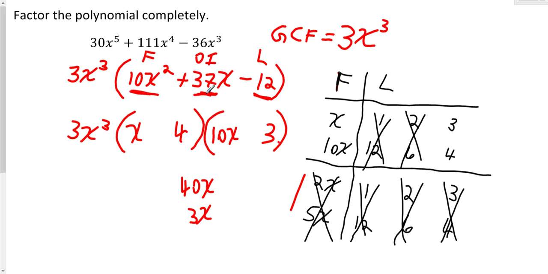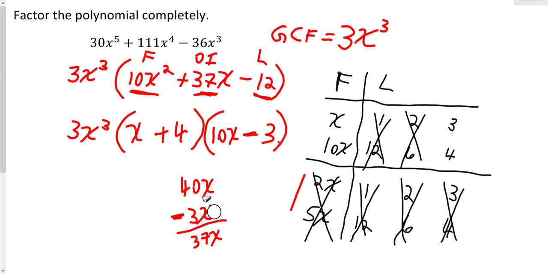I could get 37 with a 3x and a 40x as long as, if I want positive 37, the 40x would have to be positive and the 3x would have to be negative. When I combine these two, I would get my 37x. That would be perfect. In order for me to get negative 3x though, when I multiply x by 3, I have to get a negative answer, so I'm going to make the 3 negative. And in order to get a positive 40x, when I multiply 4 by 10, I have to get a positive, so I'm going to make plus 40x.